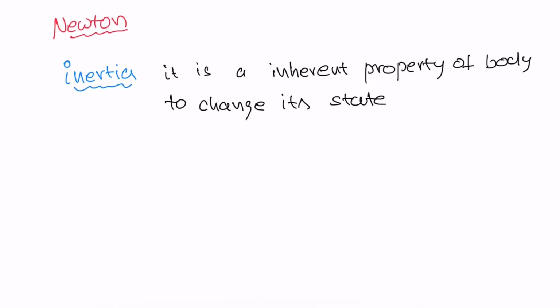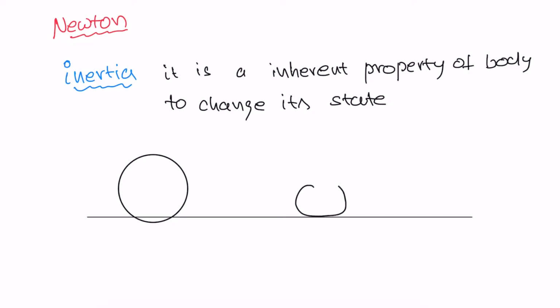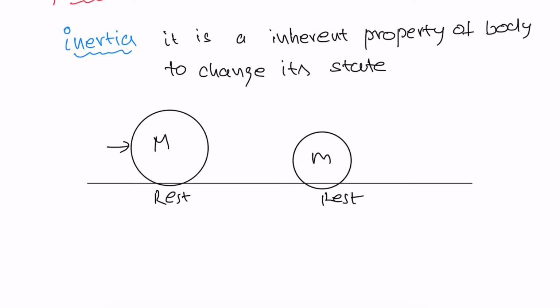let's discuss with some examples. Now I take two bodies with different masses. One is huge, the other one is less. So this is huge mass, this is less mass. Both are in rest position. I want to disturb them from this rest position. On both bodies, I give the same forces. Initially, I start with 0 force.